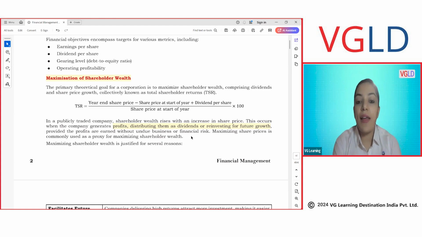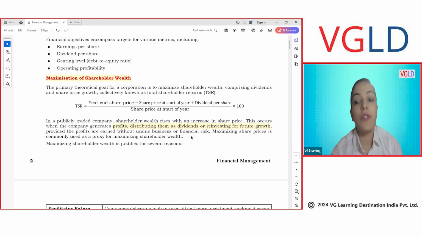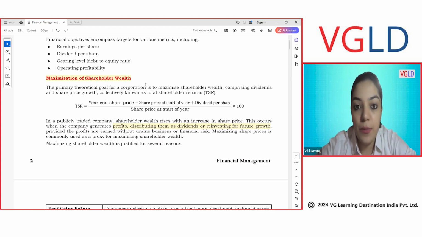Now, as a finance manager, it is your role to decide how much of the profits that you're making should be distributed as dividend, that is, the dividend decision, and the balance, how much of it should be reinvested in the business so that the company can take up further more projects. So that is what the statement means.